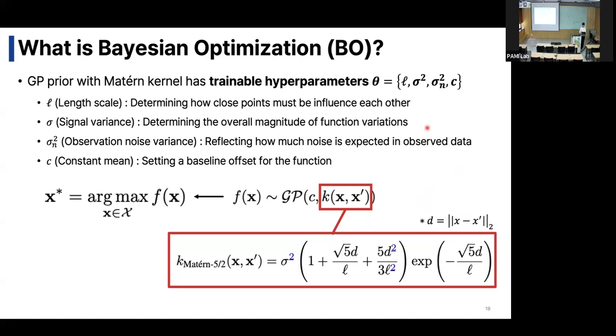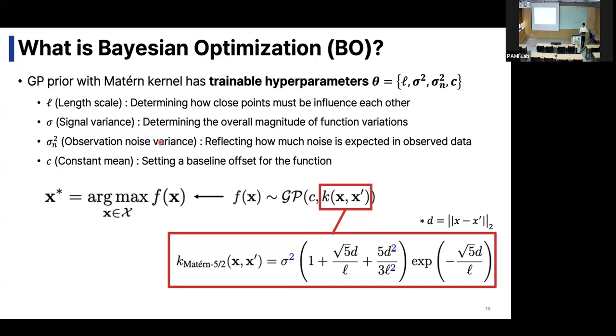The Matern kernel includes a set of hyperparameters, collectively called theta. These include the length scale, variance, and constant mean of the function. Length scale is a criterion for how far we can judge similarity. The signal variance is a measure of how sensitively we will react to data values.